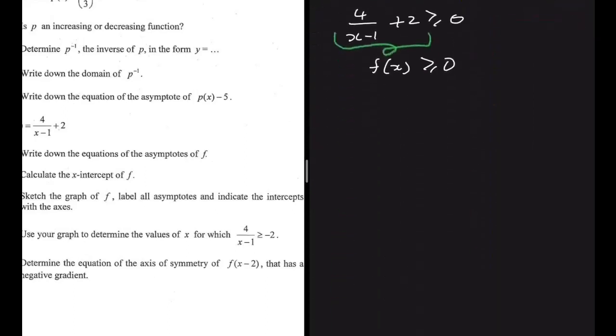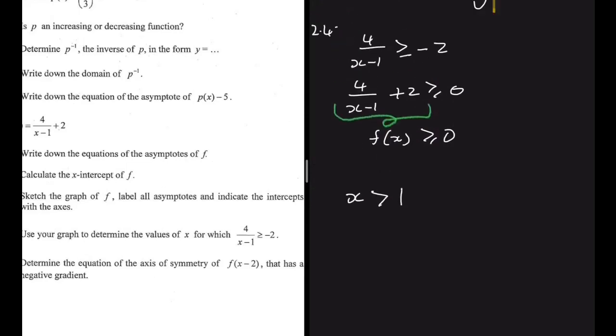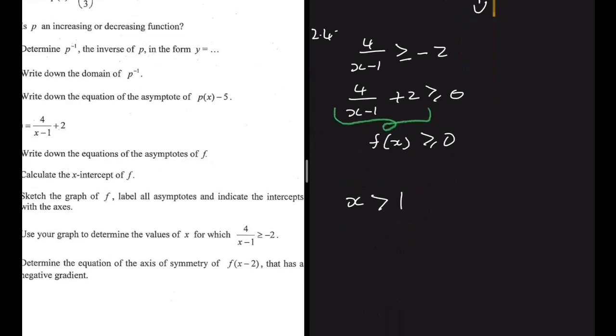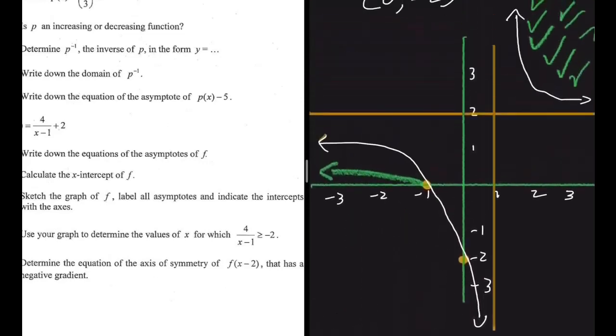So part of our solution, we have x being greater than 1, right? When x is greater than 1, our function is clearly greater than 0.